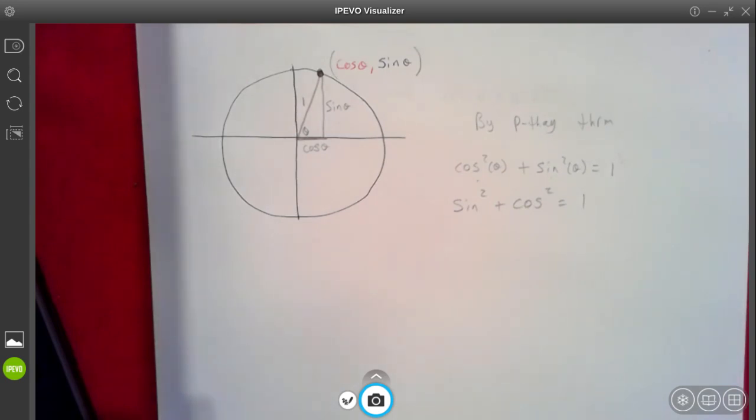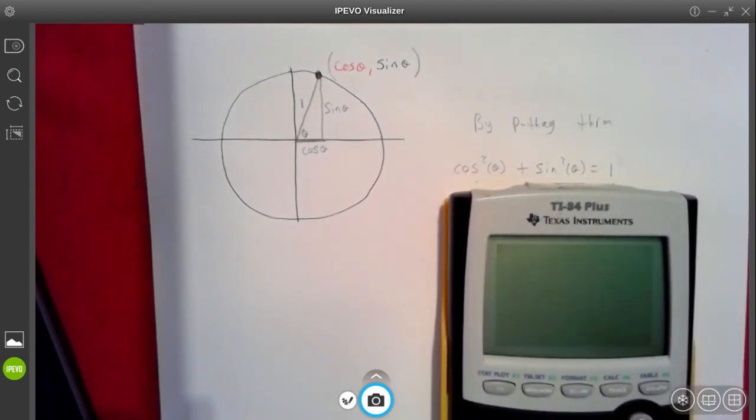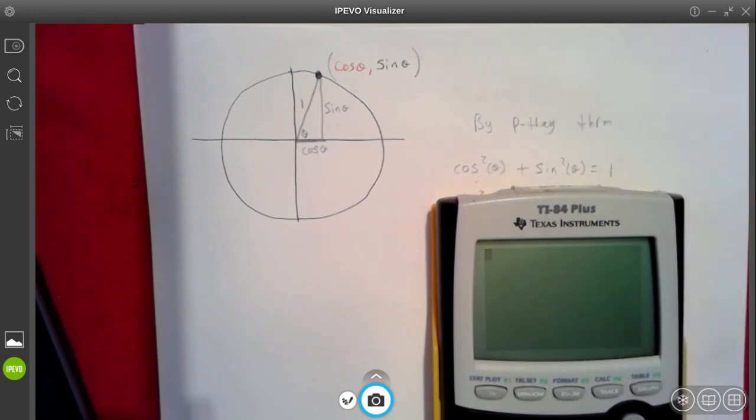So in practice, like with your calculator, what it means is that no matter what angle you choose, right, if you do the cosine of that angle, so I'll just do a 25-degree angle here, and if I square it plus the sine of the same angle, all squared, if I add those up, I get 1, right?